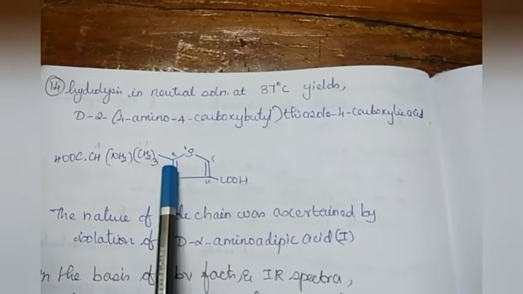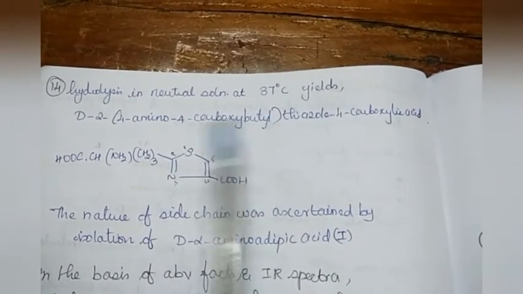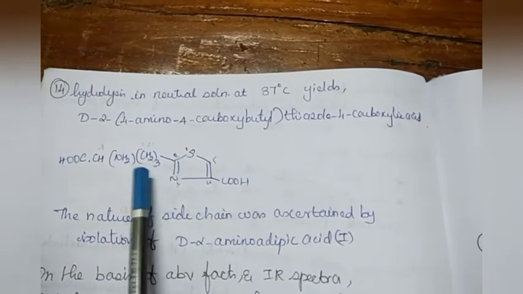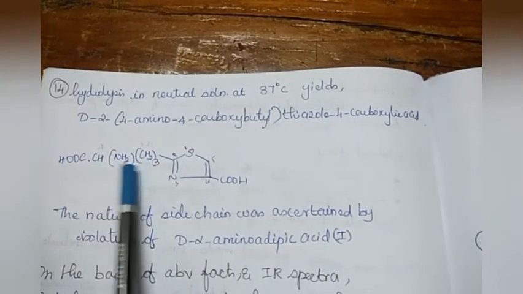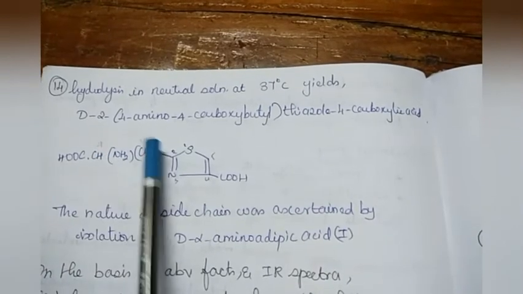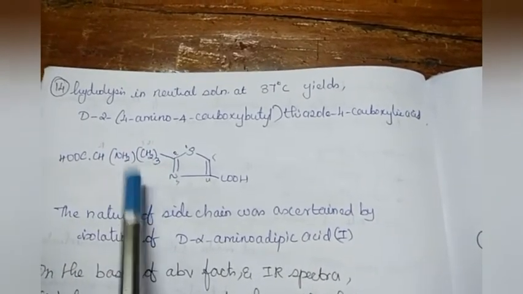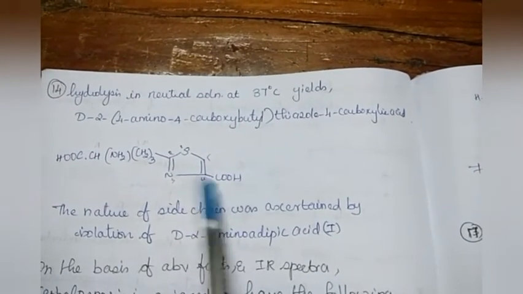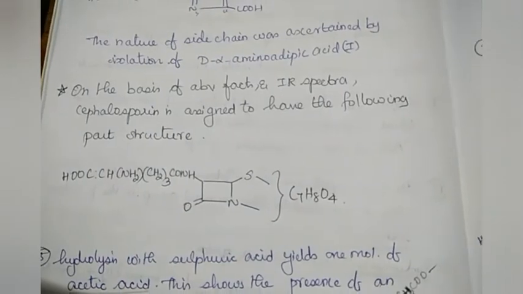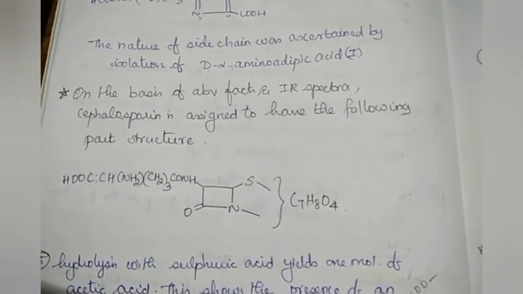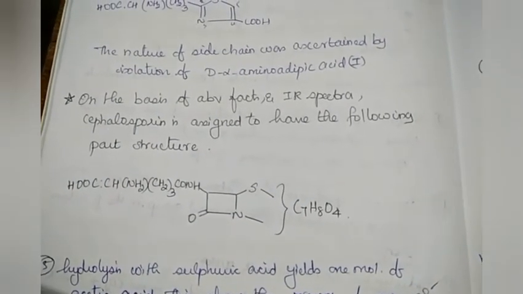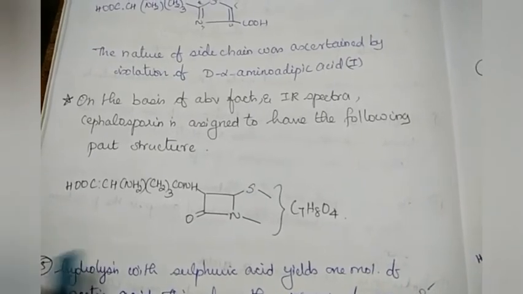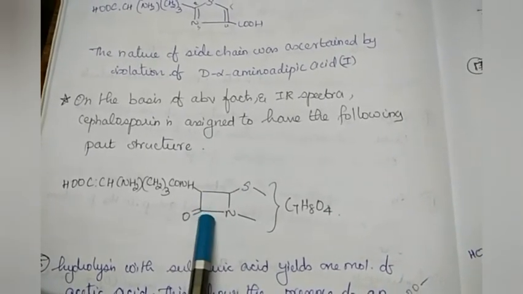And at the second position we have this substituent. 4-amino, here 1, 2, 3 and this is 4. 4-amino 4-carboxybutyl thiazole, sulfur and hydrogen, thiazole 4-carboxylic acid. On the basis of the above said facts and IR spectra, cephalosporin C is assigned to have this part in its structure.